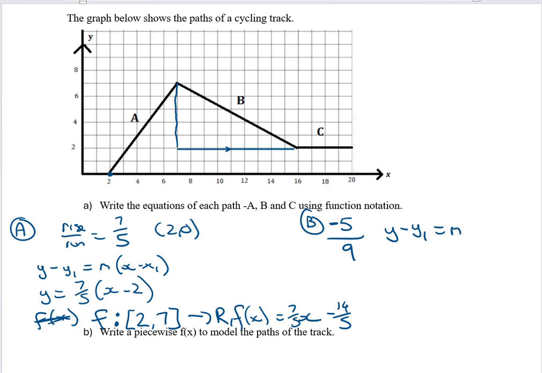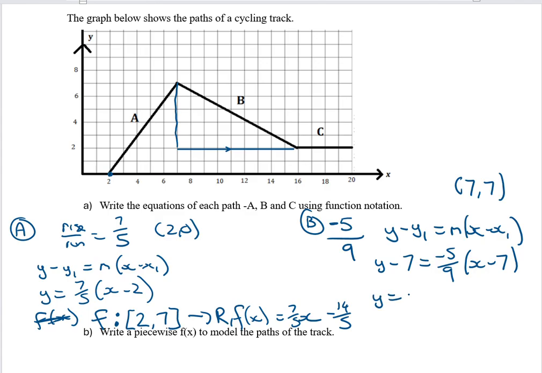y minus y1 is equal to m x minus x1. So again, I'm just going to pick one of those points. I'm just going to pick the 7 and 7. So I'll substitute that in. y take away 7 is equal to my gradient, negative 5 over 9, x take away 7.